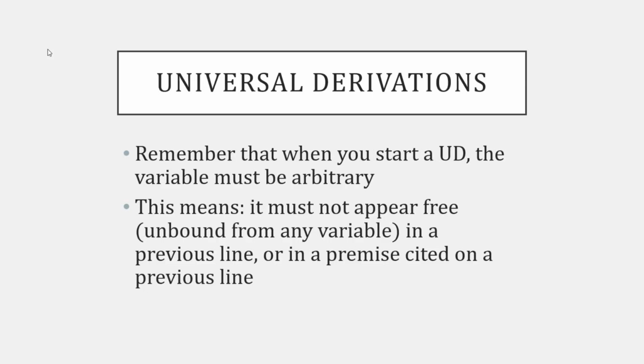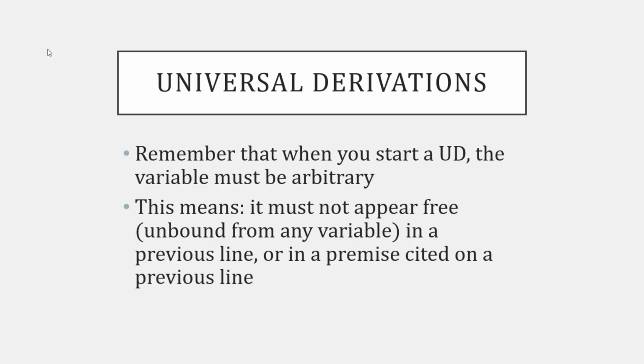When you're doing a universal derivation, the variable in the universal you're showing has to be arbitrary. Arbitrary means it hasn't appeared free, which is to say without a quantifier binding it. It can't appear free on any available line above where you are, or in a premise cited in an available line. Those are the rules on arbitrariness.